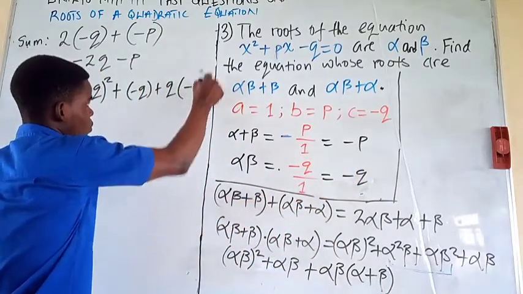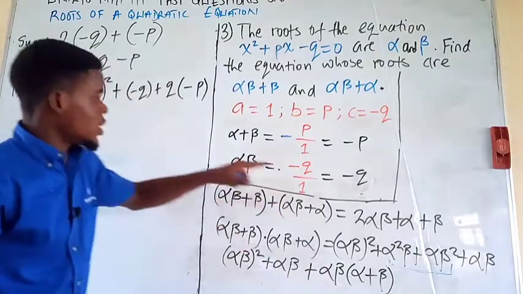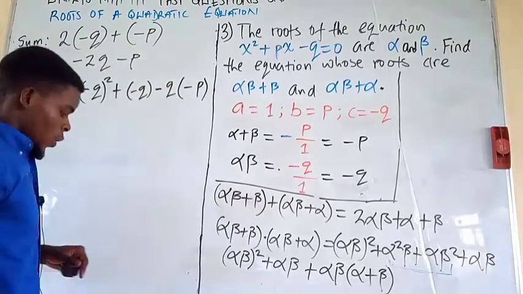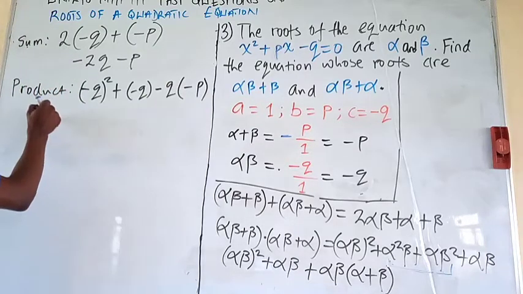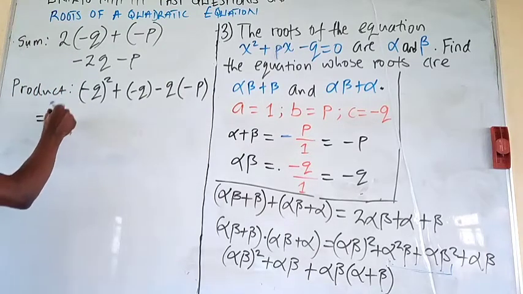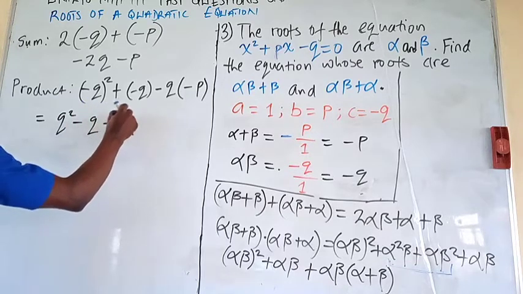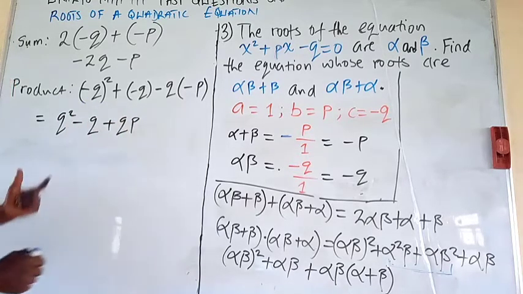Negative p. So here is alpha times beta, which is negative q. Sorry for that. So this is just negative q. Okay, so here I'm going to just simplify this. We're going to have q squared minus q plus qp as the product.